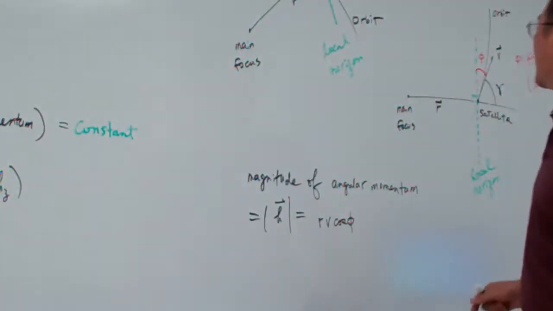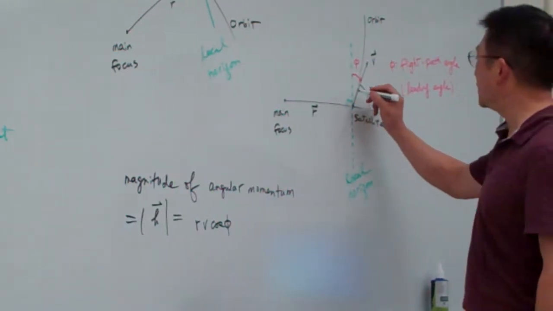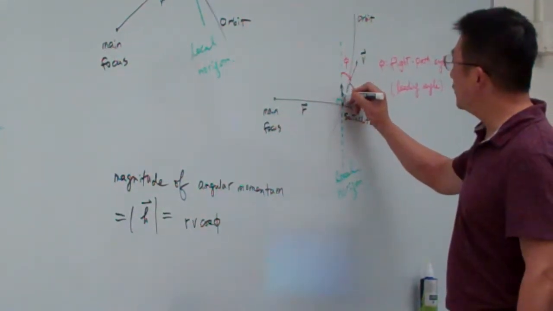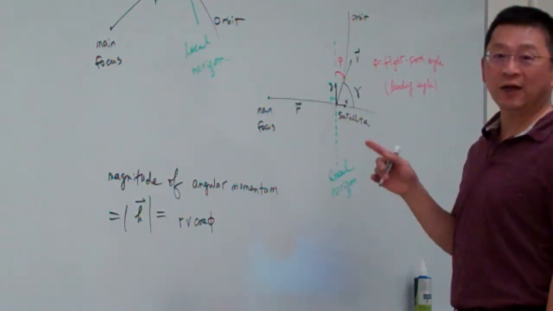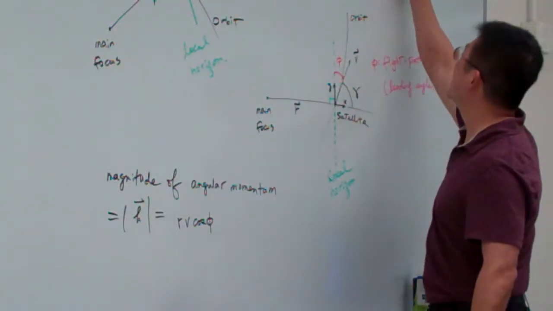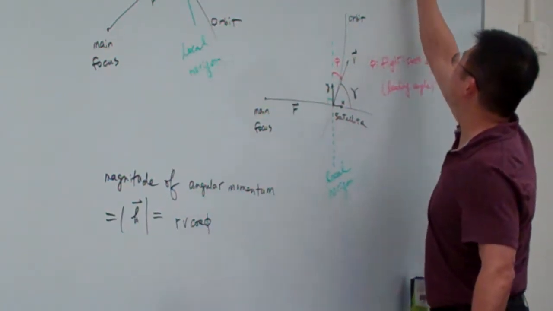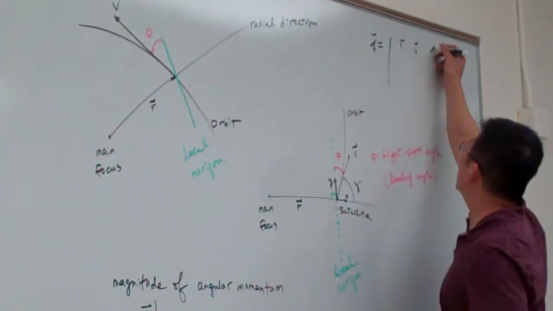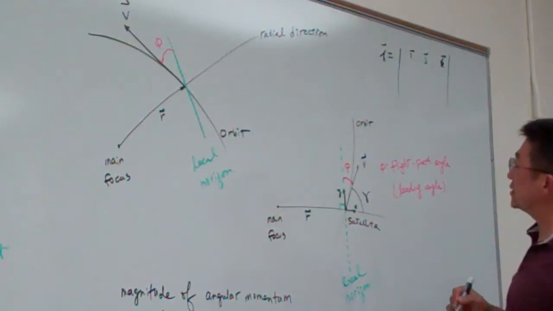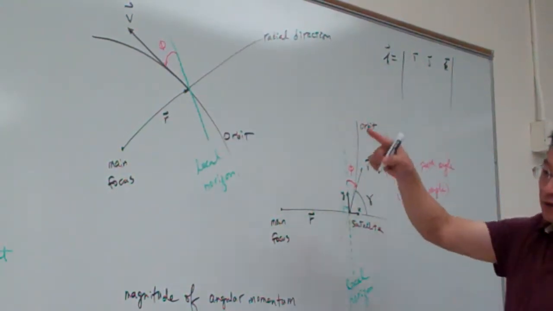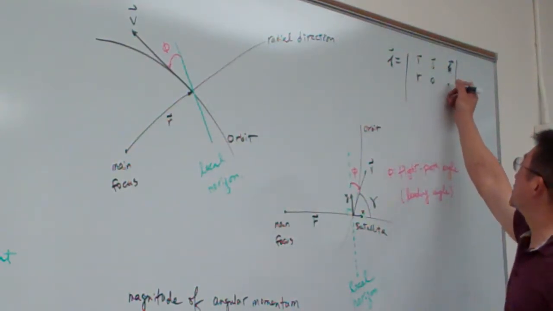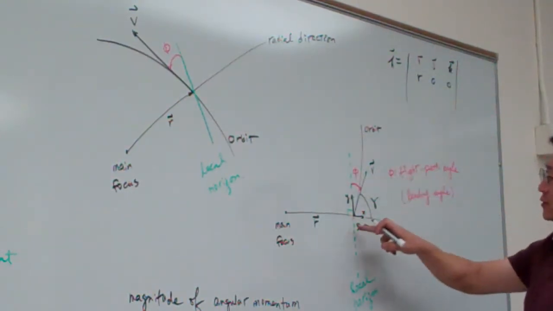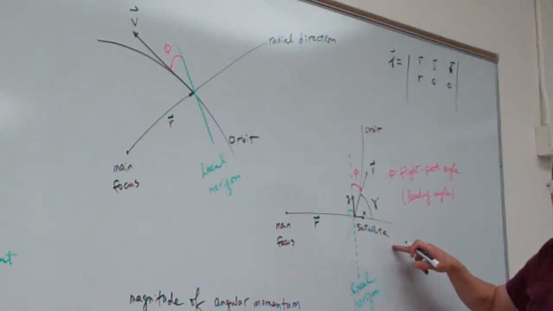Let me label my coordinate system: this is the x coordinate and this is the y coordinate. I pick this local coordinate system. So h equals the determinant of i, j, k in the local coordinate system. The first row is the coordinates of the radius, so that is r, 0, 0, with r in the i direction, aligned in the radial direction.